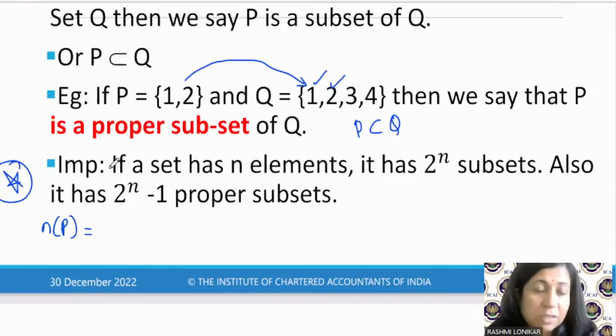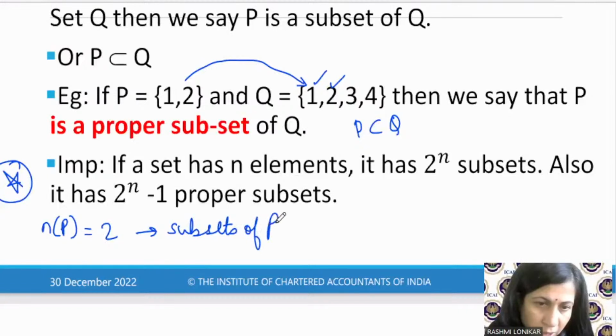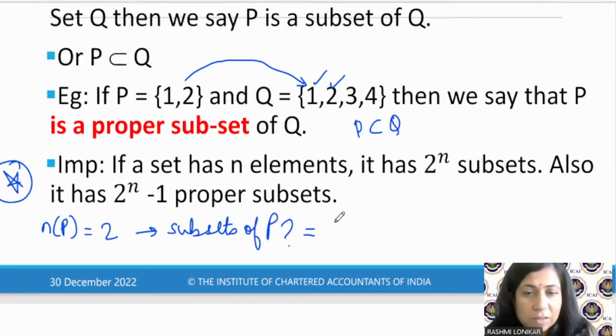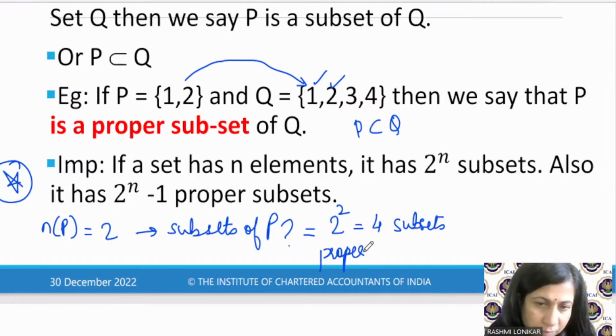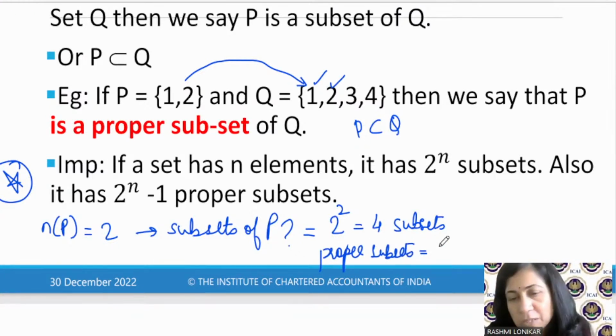How many elements are there? 1 and 2. So this is 2. So how many subsets of P are there? This is equal to 2 raised to 2, which is equal to 4 subsets. And how many proper subsets? 2 raised to 2 minus 1, which is equal to 4 minus 1, which is equal to 3.